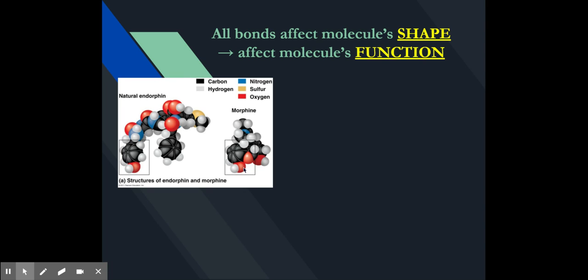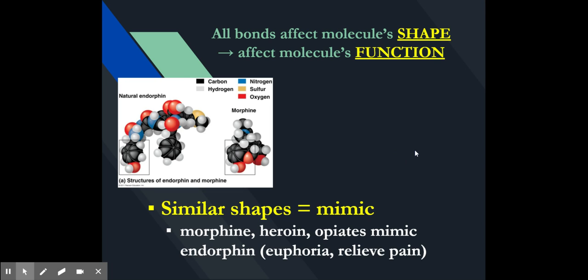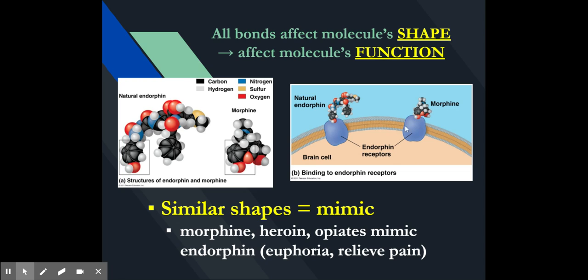So the shapes of these molecules, which are determined by the bonds, which ultimately are going to affect their function here. Things that are similar are going to mimic one another. So even though morphine is a drug which is synthesized in a lab, it's going to mimic endorphins, which is why the two of these can be used kind of synonymously here.